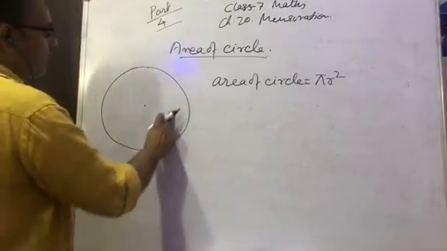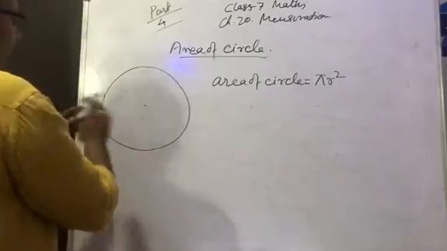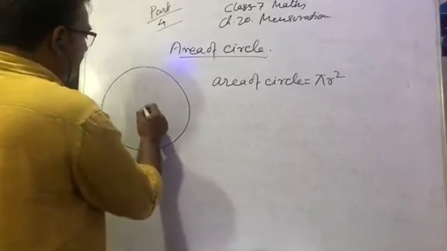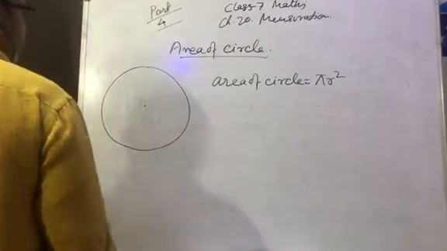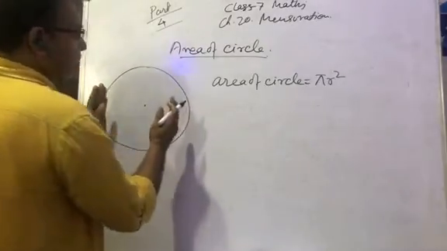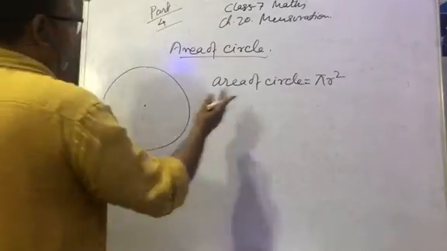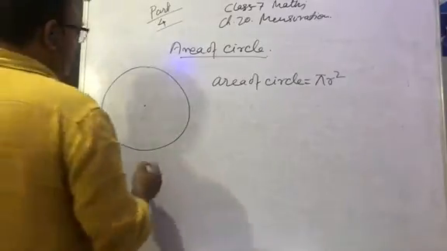So first, this is a circle, and you can fold a circle as many times as possible. Suppose if it is a small circle, then I think you can fold it 8 times, or if it is a brick, then you can fold it 16 times, like this.